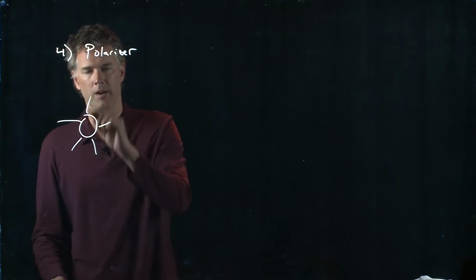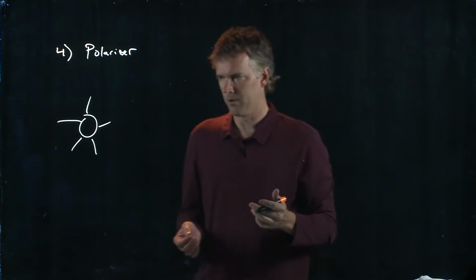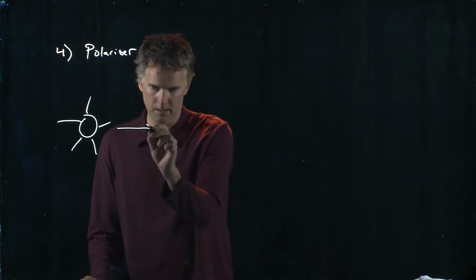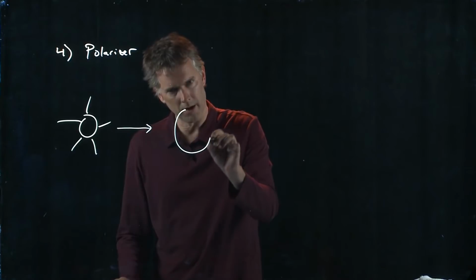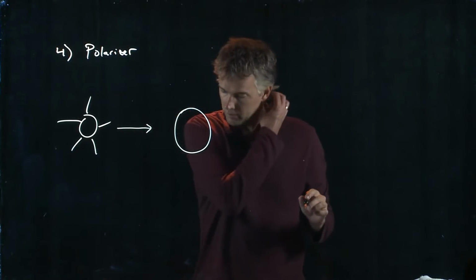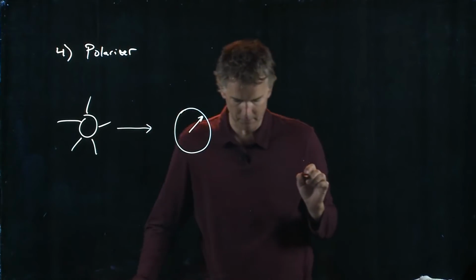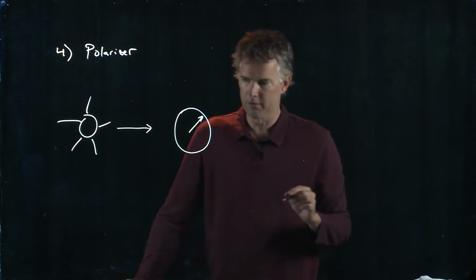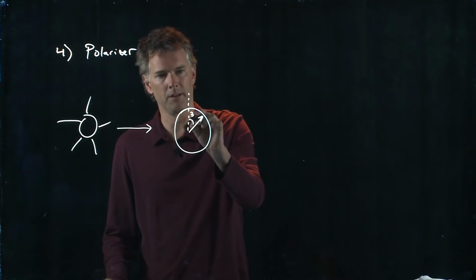So, unpolarized light is like sunlight. And now we're going to send that sunlight through a polarizer. So remember, we were drawing our polarizers like circles with an arrow to indicate the transmission axis. And it says that it is 30 degrees relative to the vertical.